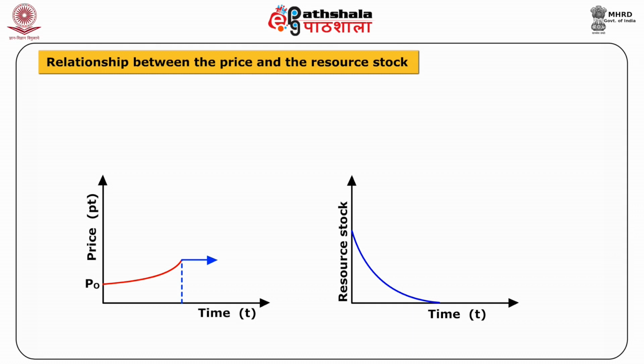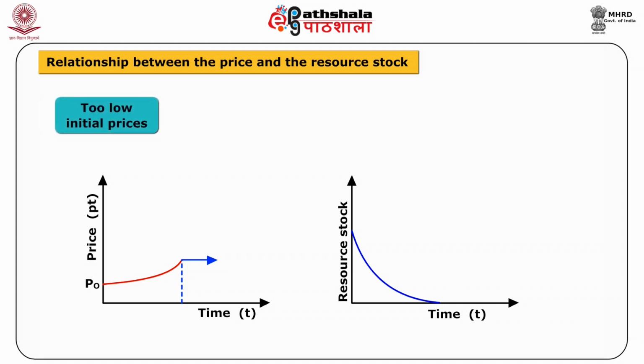It is important to note that the rate at which the exhaustible resource is extracted depends upon its price. Given is the initial resource stock and the information that the resource stock must converge to zero when the economy approaches the end of the planning horizon.